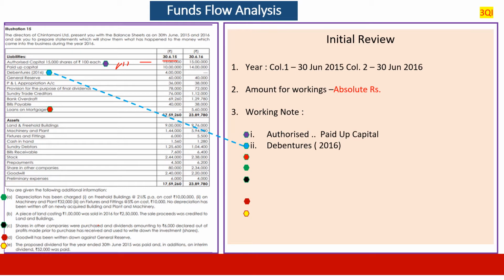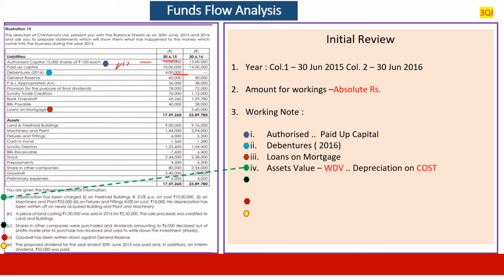Number two, debentures. First year 4 lakhs, second year nil, means there is a redemption of debentures. Loan on mortgage, there is an amount of 560,000 raised during the year. It is a receipt.